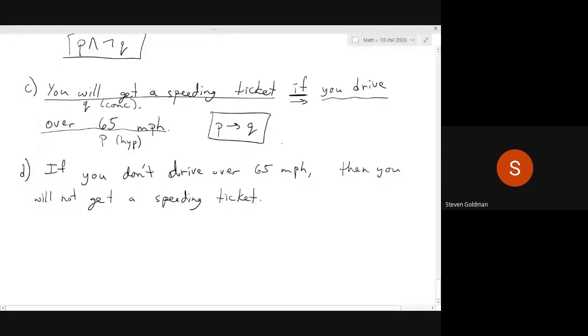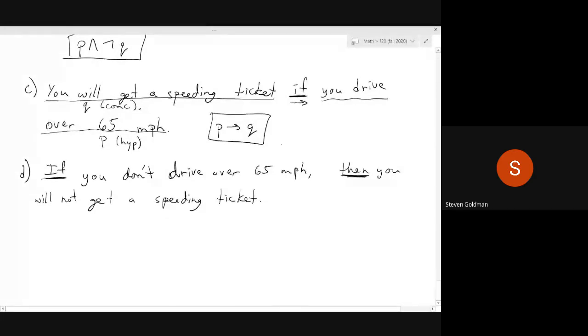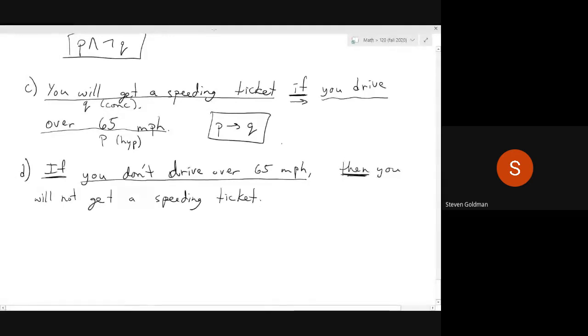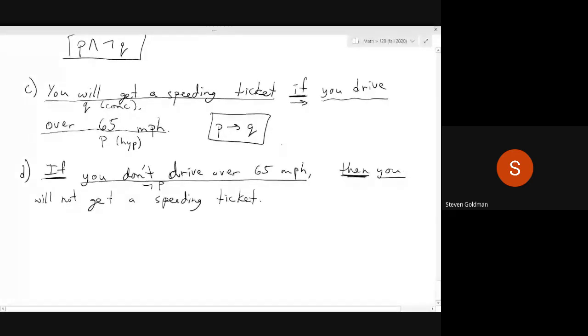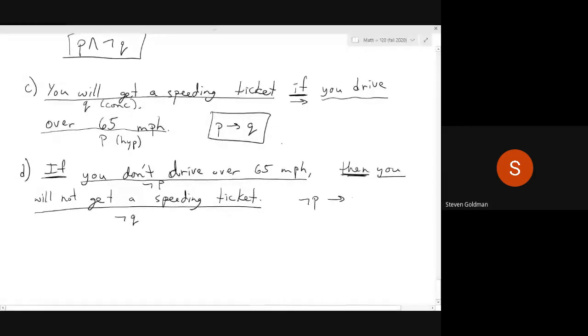This is in the standard if-then form, so this is clearly a conditional statement. The hypothesis is the sentence, you don't drive over 65 miles per hour. That's not P. And you will not get a speeding ticket. That's not Q. So this is if not P, then not Q. Yeah, exactly like you guys said in the chat here.